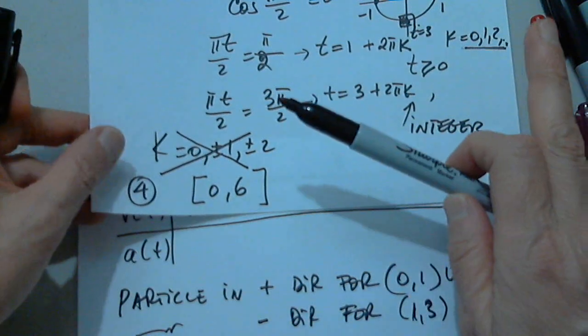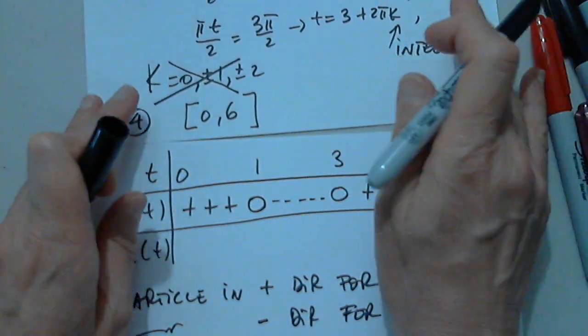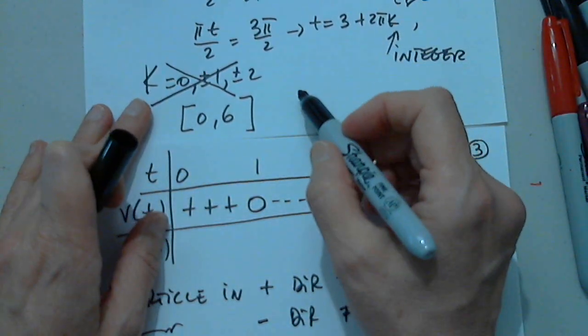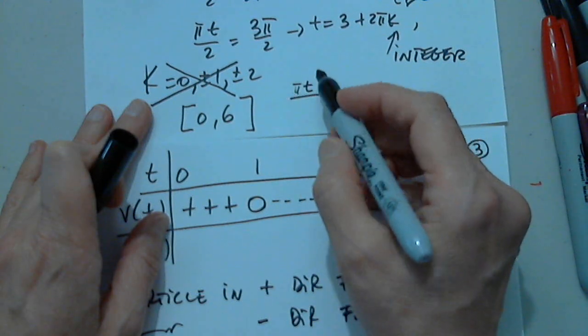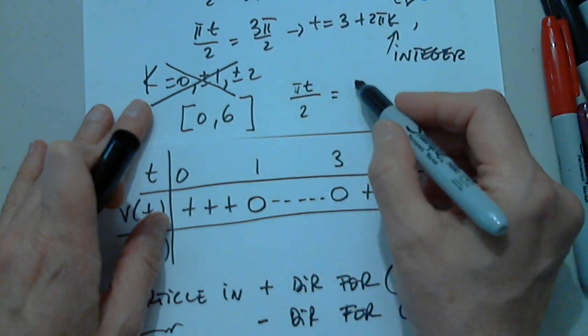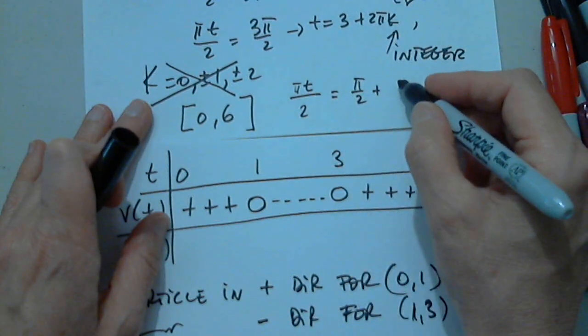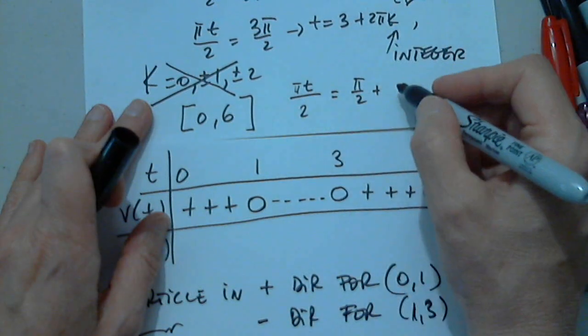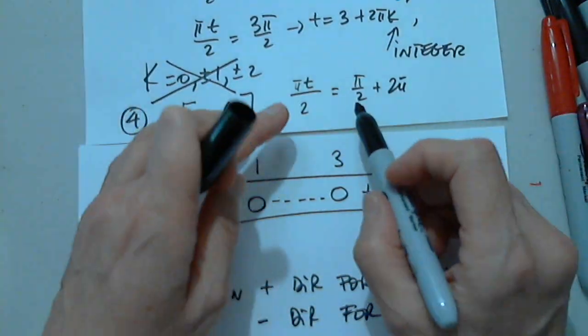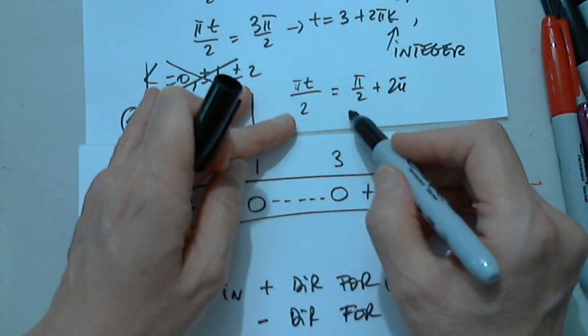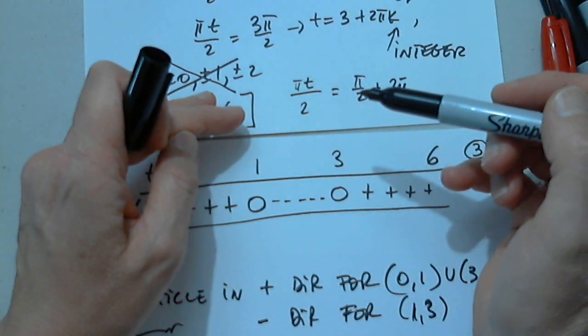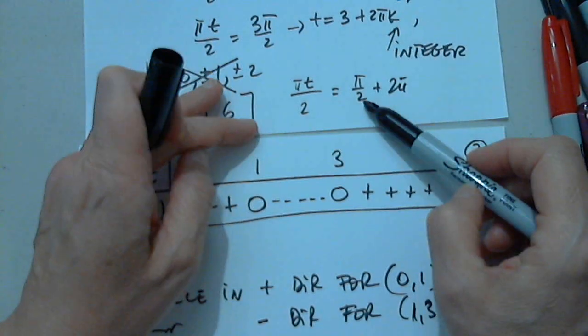Oh, okay, so the 3 is okay. It means that there is one more solution. That's what it means. Okay, so then pi t over 2 equals pi over 2 plus 2 pi. Let's see what happens here. So it means that there is a third solution. I stopped at 3, but we have to continue.